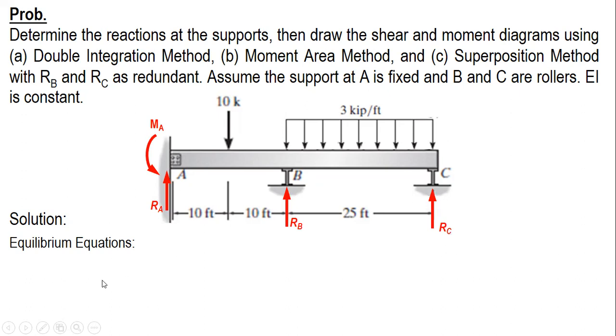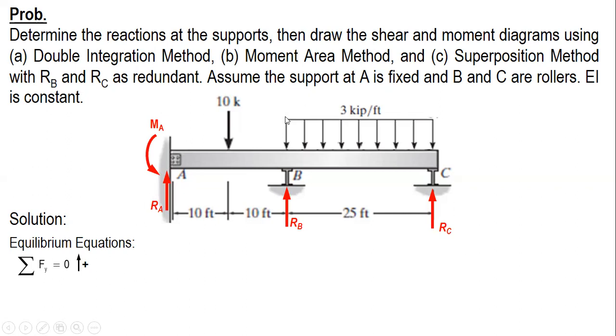So using equilibrium equations, let us start with summation of forces vertical equal to zero. All forces directed upward are positive. For the uniform load, we get the resultant, which is equal to the area of the load.